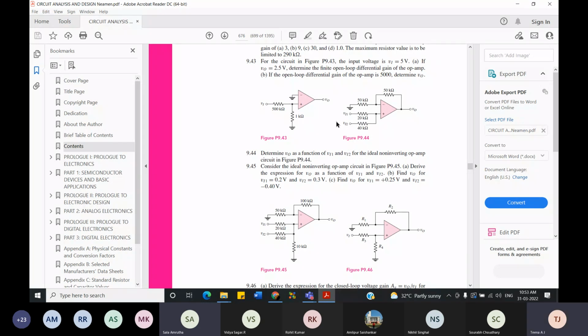When you multiply this with the gain, the final value V out is equal to 1.33 VI1 plus 0.667 VI2. So output is 1.33 VI1 plus 0.667 VI2.